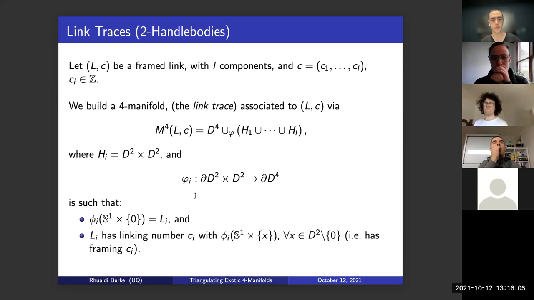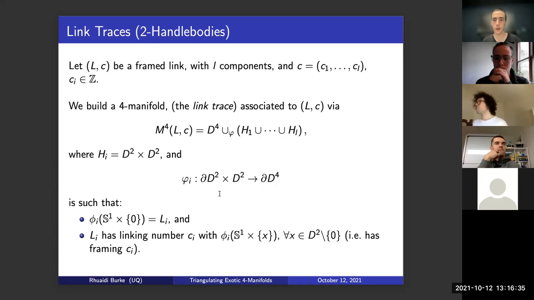And so this map satisfies that on the core of this disk, on S^1 cross 0, we get back our link component, and in a neighborhood of that, phi has linking number equal to c_i, so equal to the framing.